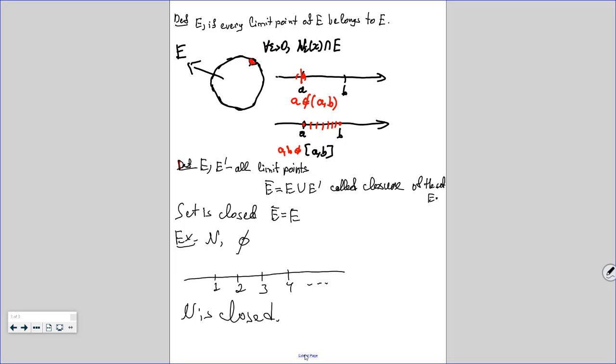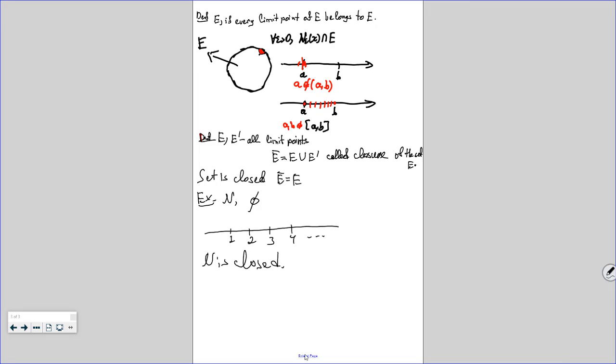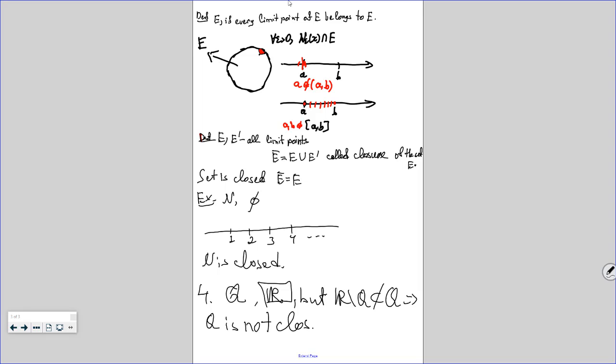The other example we can do is the rational numbers. The accumulation points of the rational numbers form the whole real line, but irrational numbers are not in Q. Therefore, Q is not closed.